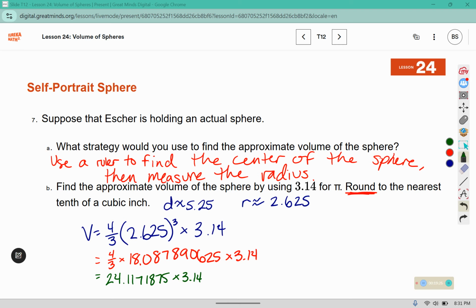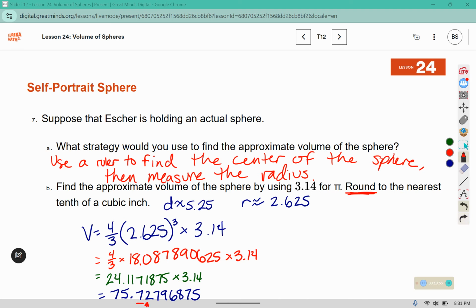And then multiply that by 3.14. If we're keeping the tenths place, that is 1 decimal spot, so we need to look at the next one.